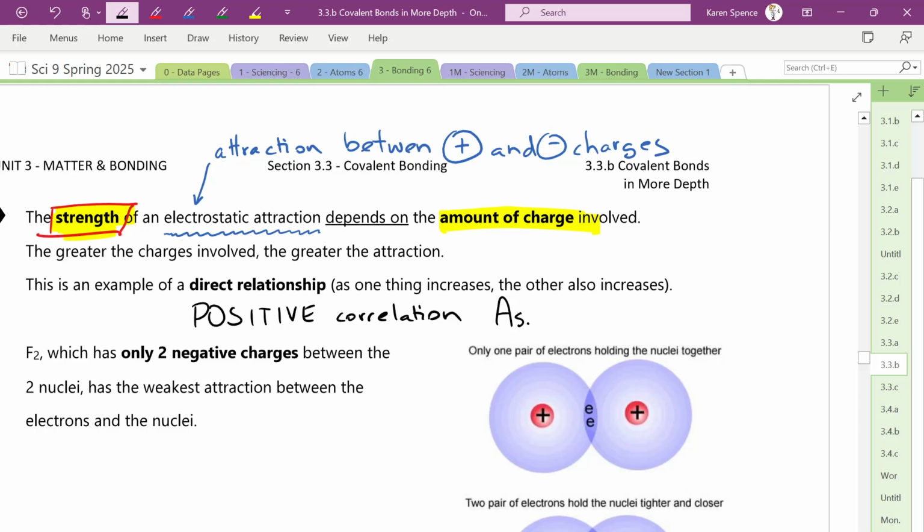As charge increases, electrostatic attraction, that's such a big word, increases.